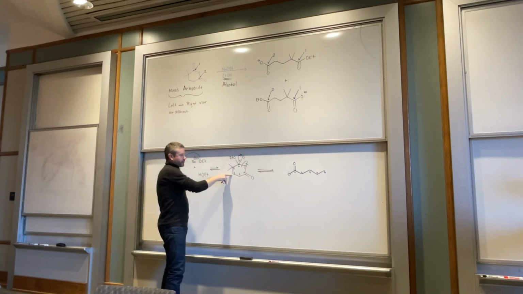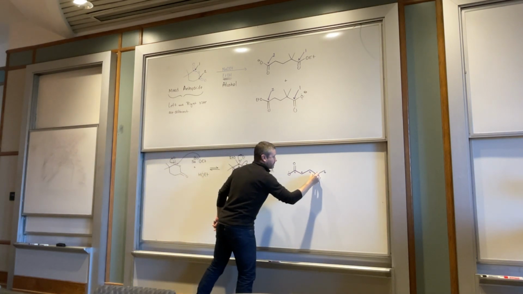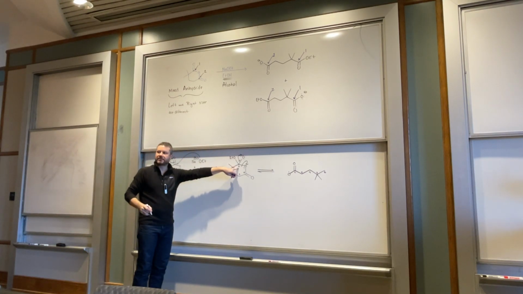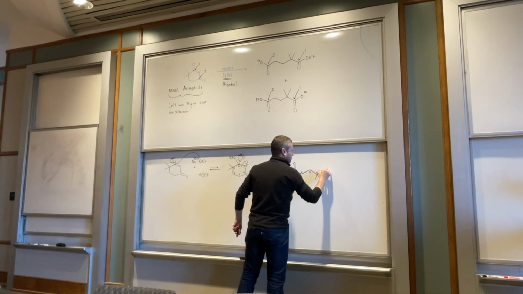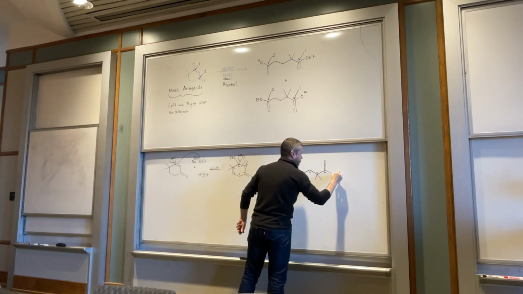Atom 3, 2 hydrogens. Atom 4, 2 hydrogens, right? So I don't need to do anything on my chain. Atom 5 has 2 methyl groups. And then atom 6, this is where the new ester group is going to go, right? So this is where the double bond from the oxygen formed, and also where our ethoxy group is.